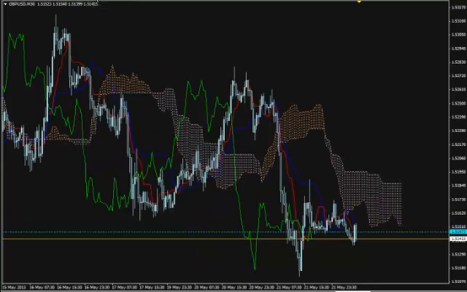Let's go to M30. M30 chart, we had many attempts of the price to go up in a correction, but finally it looks like it will prefer the free open space downwards to move. The edge of the leading Kumo is bearish.